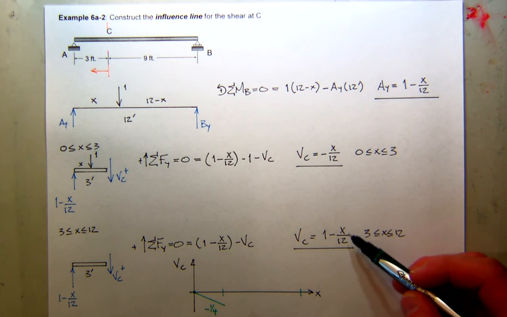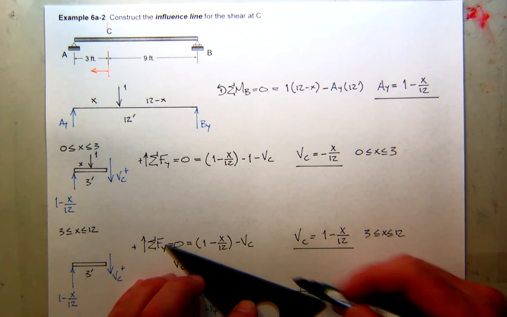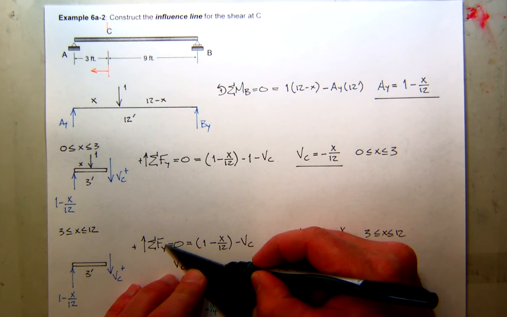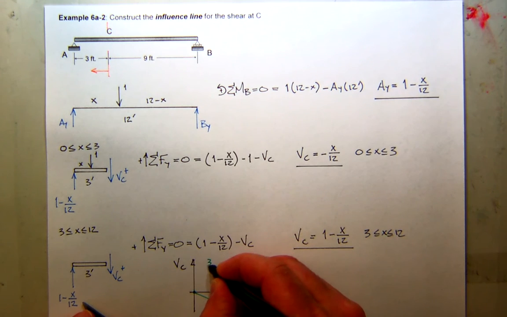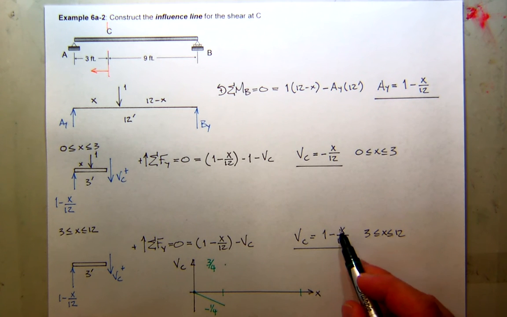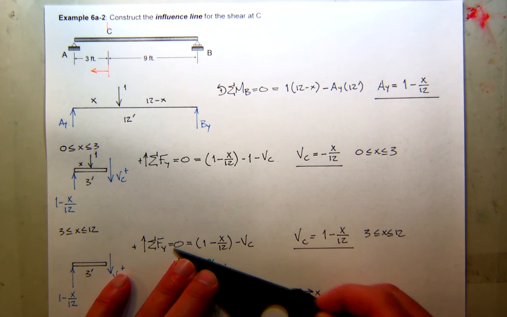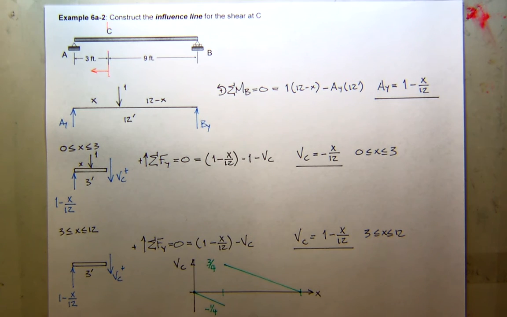And then from 3 to 12, I plot this equation. What is the value at x equals 3? It's 3/4. And then it drops linearly. When I get to 12, what is it? 0. So there's my plot.